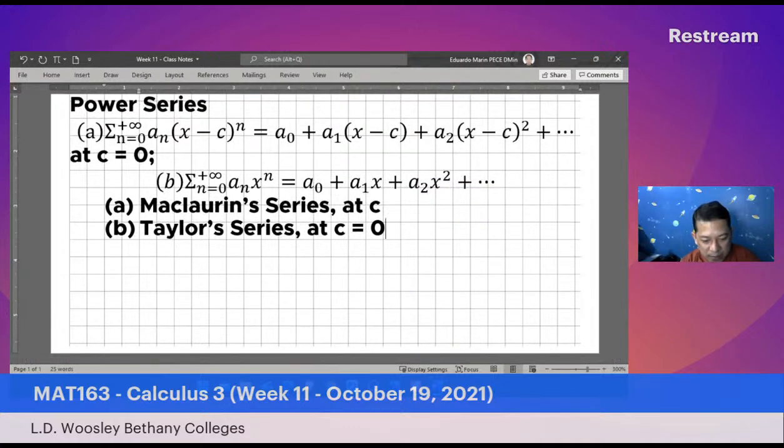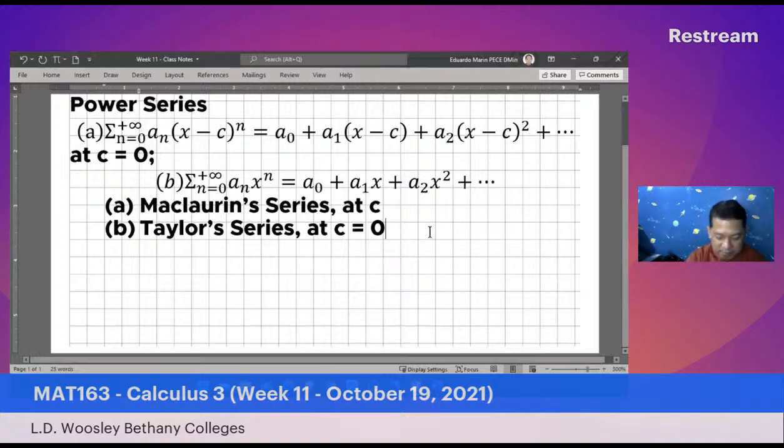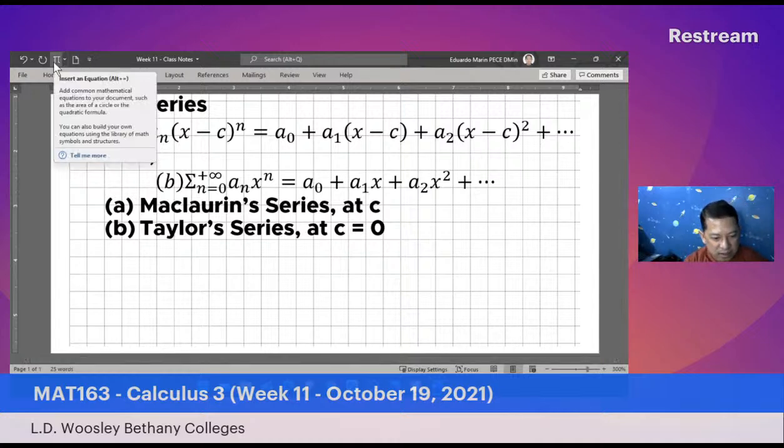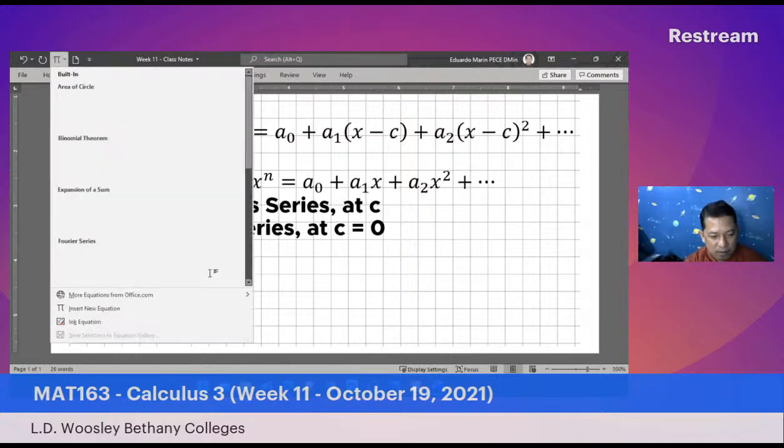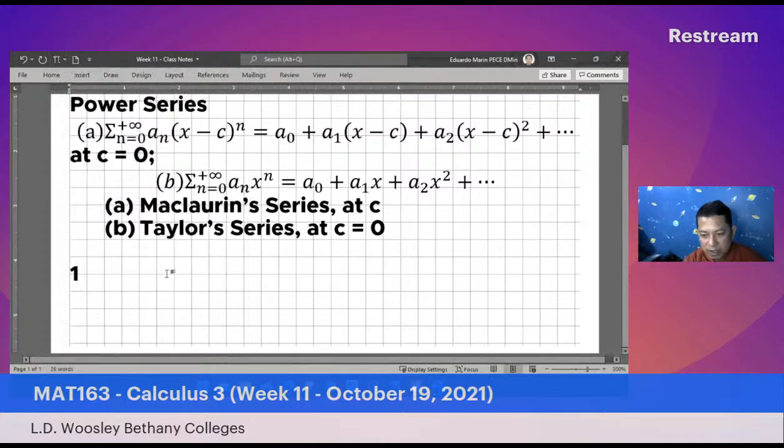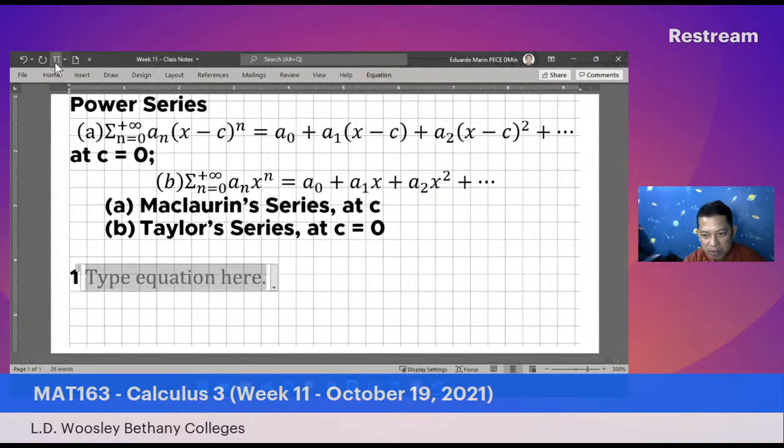Let's have some examples as far as power series is concerned. So for instance, a classic power series example would be this one.